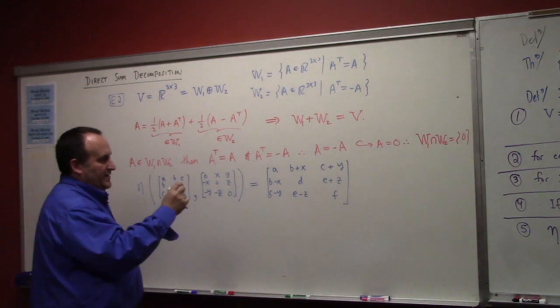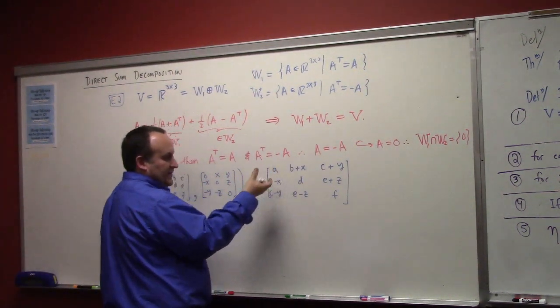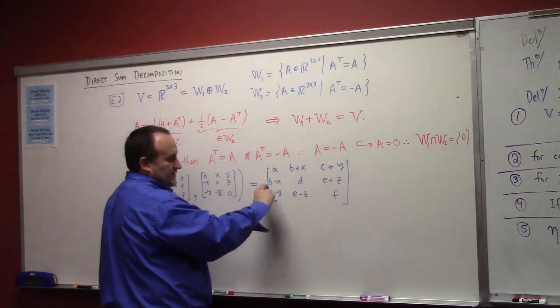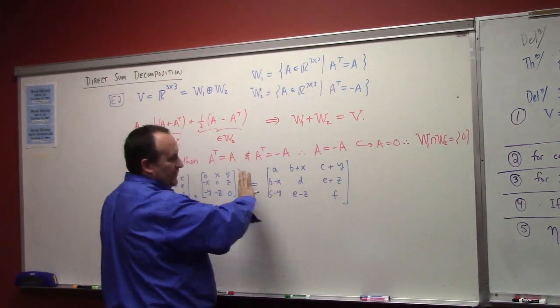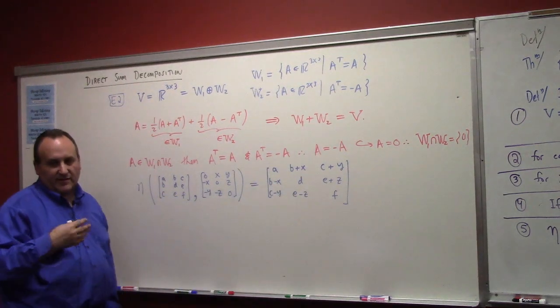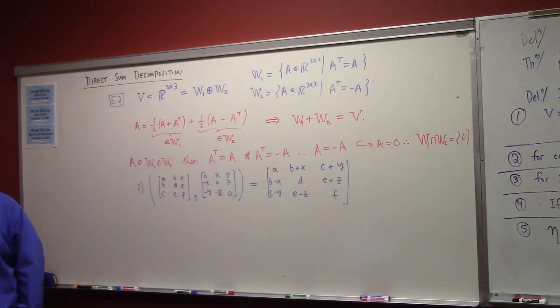You could replace these with a pair of free variables, and C plus y, C minus y could be replaced with a different pair. This is equivalent to just having an arbitrary 3 by 3 matrix. I'm not sure this is that interesting a calculation.